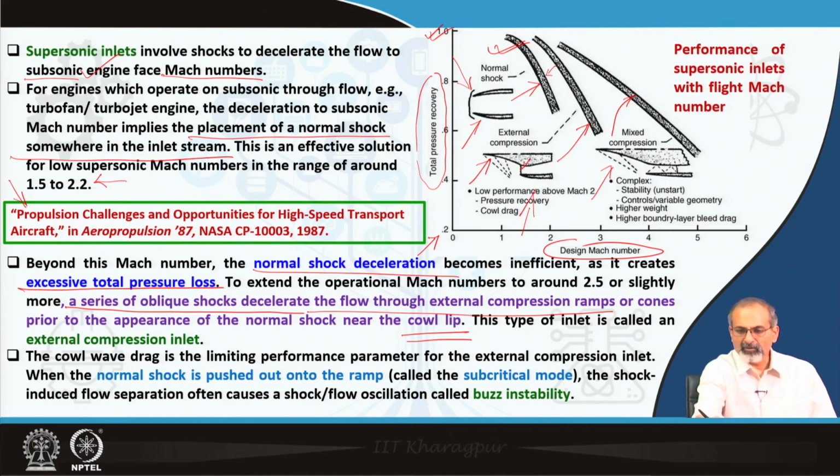So, the normal shock forms somewhere here. This type of inlet is called an external compression inlet. External compression inlets are shown in this figure.